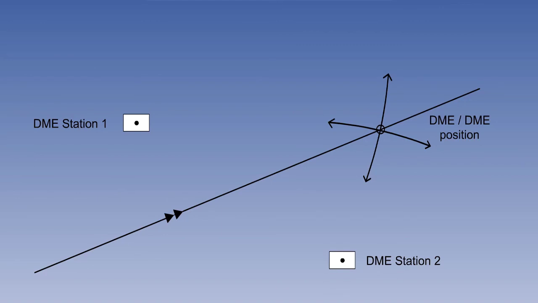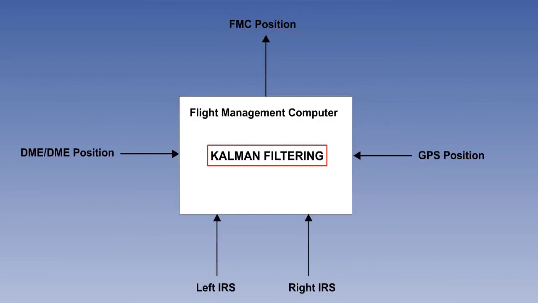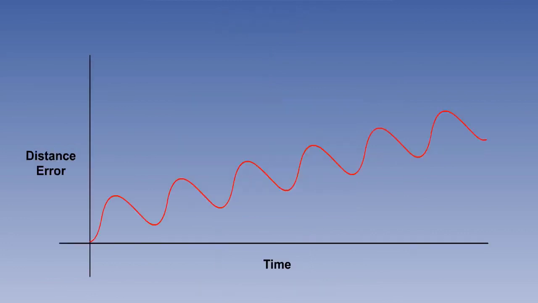Not all inputs are always available. DME is a line-of-sight system, so it can be blocked by hills or the curvature of the Earth. GPS can have blank spots. A process known as Kalman filtering produces a statistically most probable position known as the FMC position. From this FMC statistical best estimator position, it is possible for the FMC to establish an error trend over a period of time, and to build mathematical models of both the Schuler and the unbounded error propagation pattern.